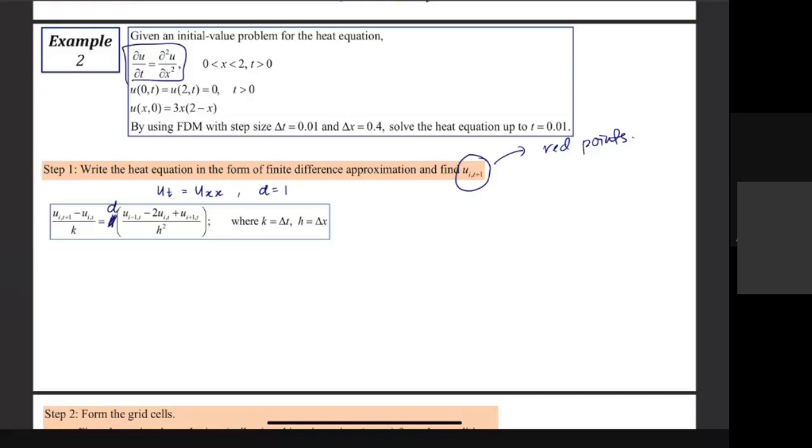First, you must determine the value of k, the value of alpha, and also the value of h. So from the question, alpha equals 1, k is the difference of t, and this one is h. So k equals 0.01, h equals 0.4. After you determine the values of alpha, k and h, substitute in this formula.